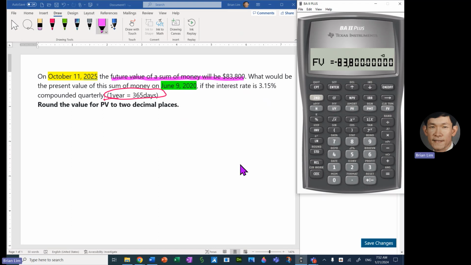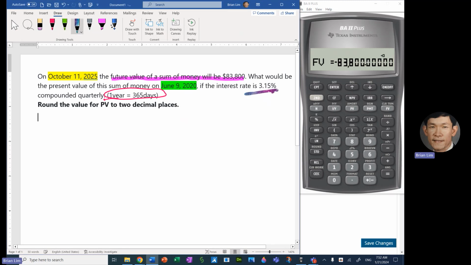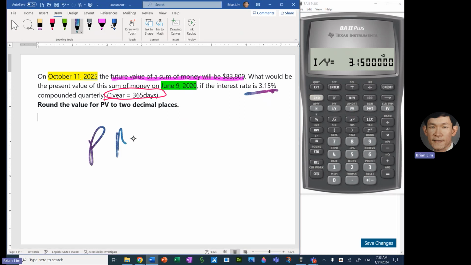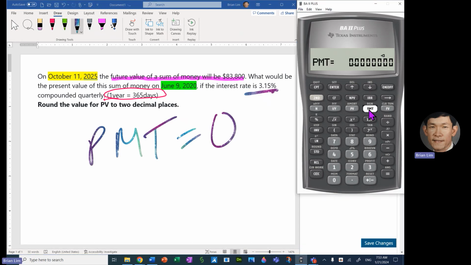That interest rate is right down here, 3.15. So I will put that in: 3.15. There's the interest rate. Present value is what I want to compute, and for payment I will put in 0. So payment equals 0.